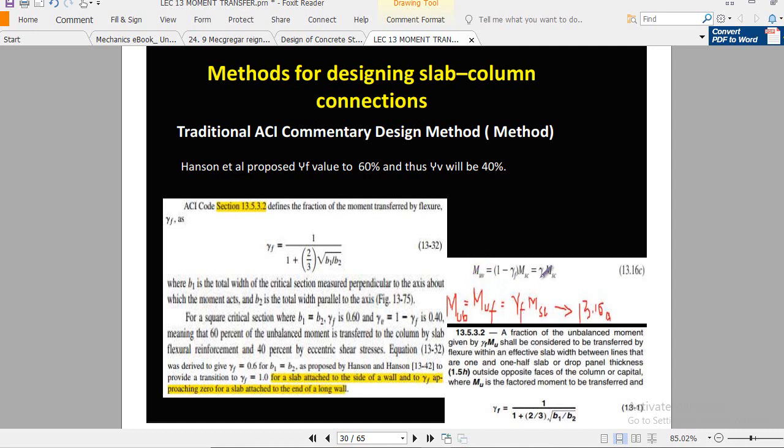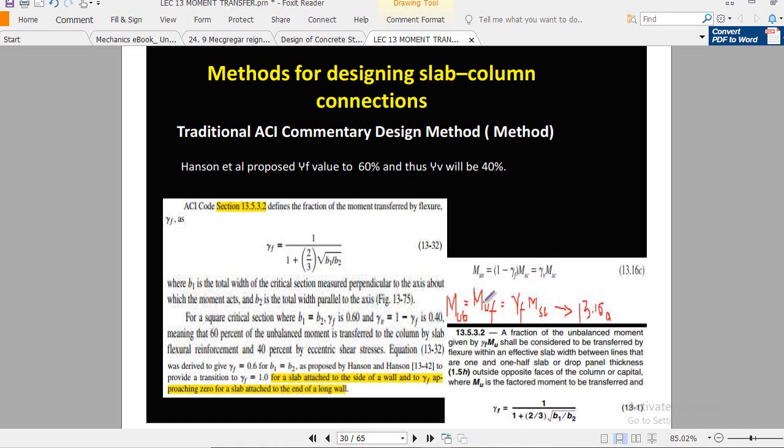And you see this gamma v and gamma f. Gamma f is that percentage portion of the unbalanced moment which is transferred to the column by flexure, and gamma v is that percentage portion of the unbalanced moment which is transferred by eccentric shear, right?